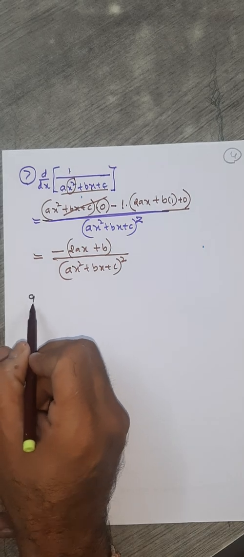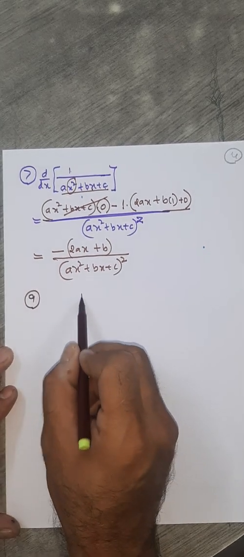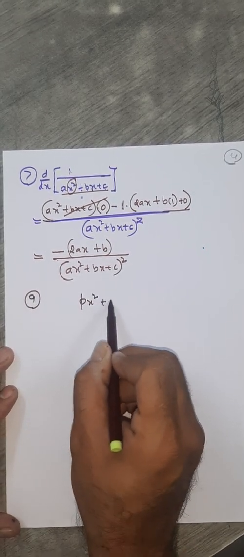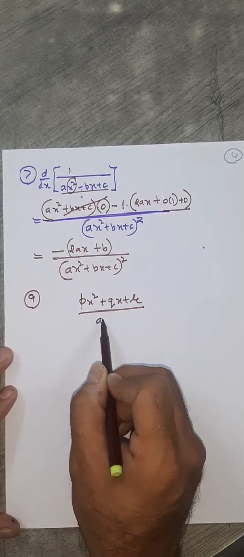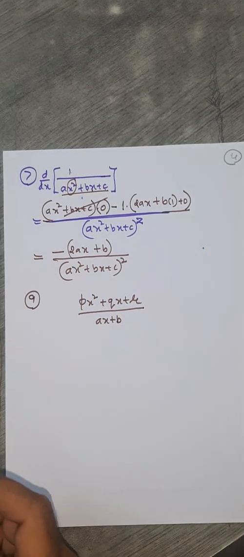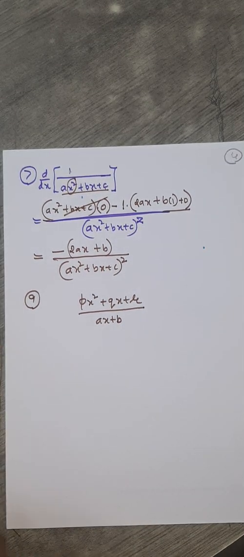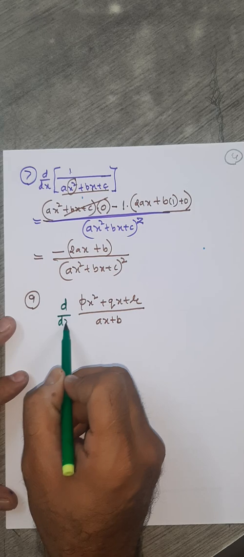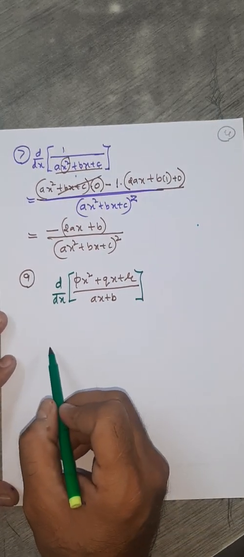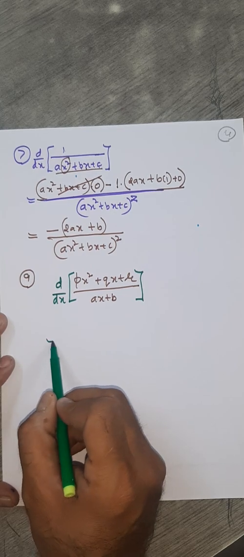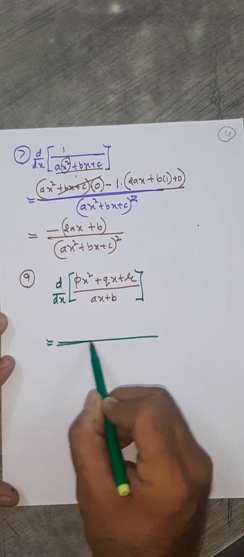I'll do one of them. Let's do the 9th. There the function is (px square plus qx plus r) upon (ax plus b). How will we differentiate this? By division rule. So d by dx of this function, we'll use the division rule. So this is equal to, what is the division rule? Square the denominator function.